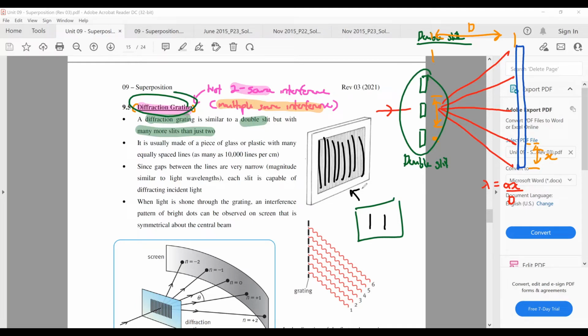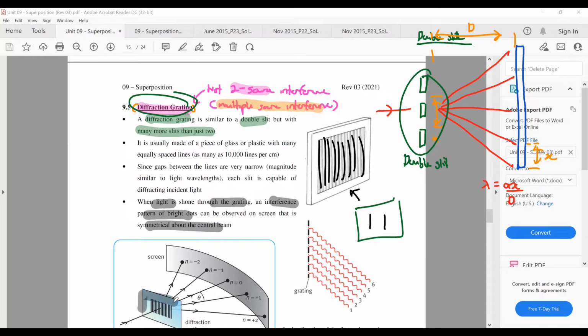Right now for a diffraction grating, you will shine light through it. You will also place a screen behind the grating, and then you will start to see an interference pattern on the screen. When light is shone through the grating, you will see an interference pattern of bright dots that is symmetrical about the central beam.